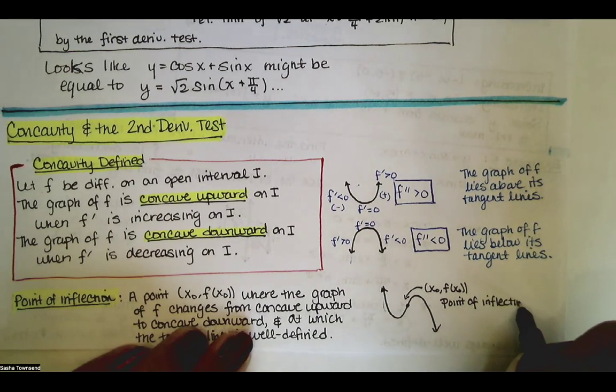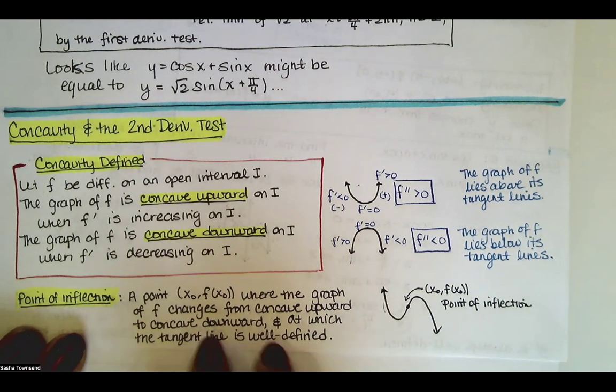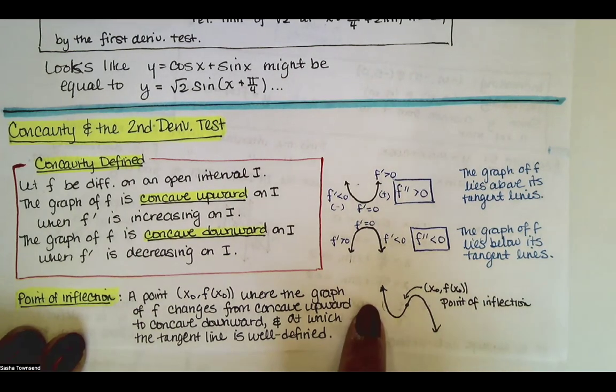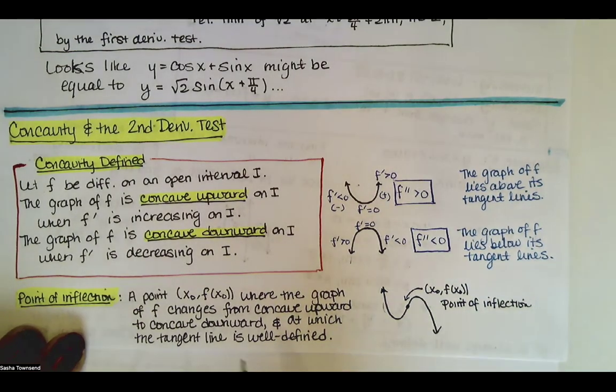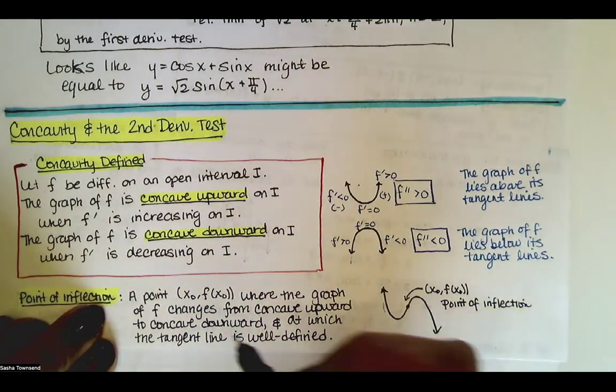Now, another requirement in our textbook is not just that the second derivative changes signs from concave upward to concave downward, or concave downward to concave upward, either way. But we also need the tangent line to be well defined. And I think I made a mistake here. Actually, I'm going to define this a little differently.